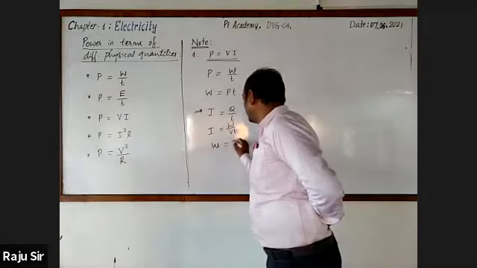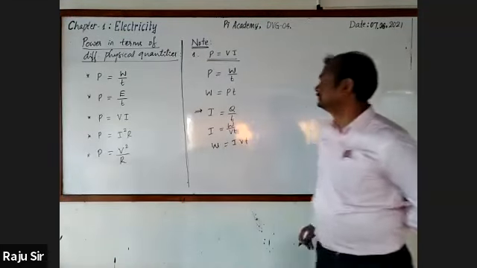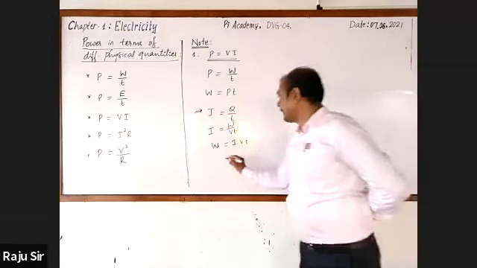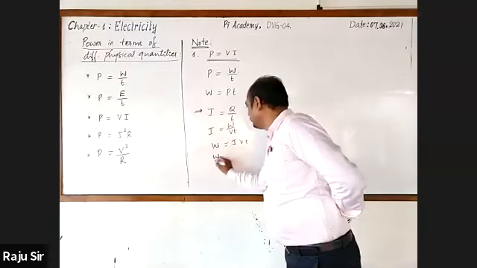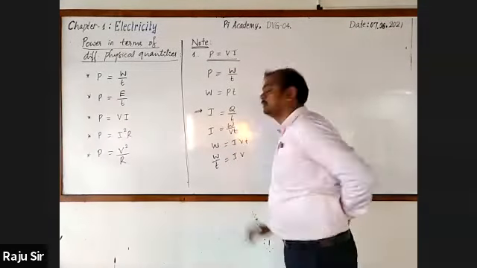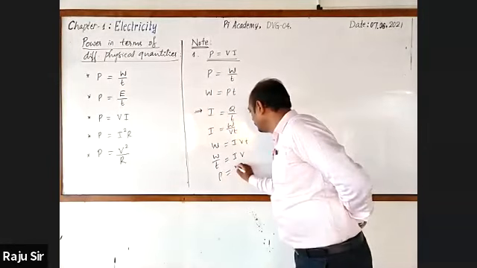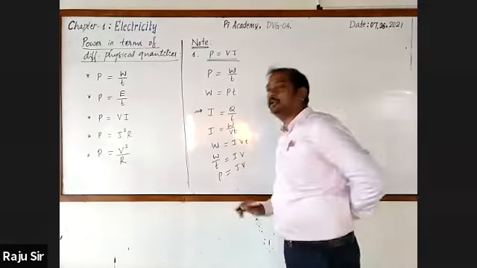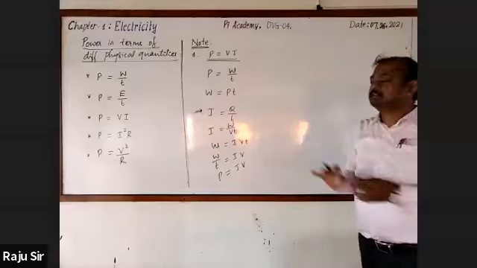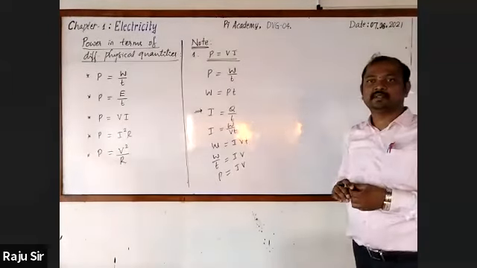W is equal to I into V into T. And W by T is equal to I into V. P is equal to I into V, which is nothing but V into I. Not explained, I just went on writing.